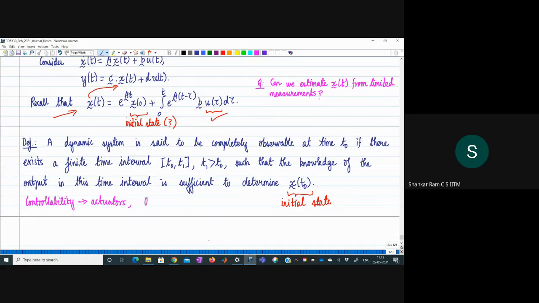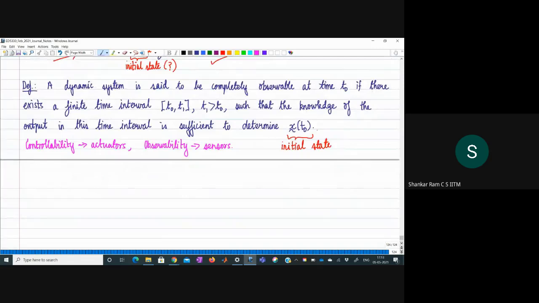Observability typically tells us what to measure. Physically, it helps us choose sensors, deciding what variables should be measured or kept, or what sensors should be installed in a particular system.